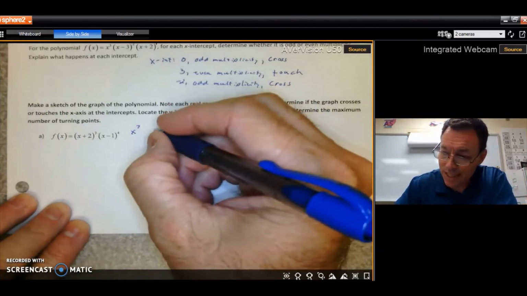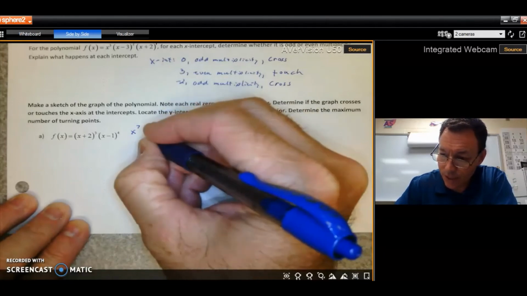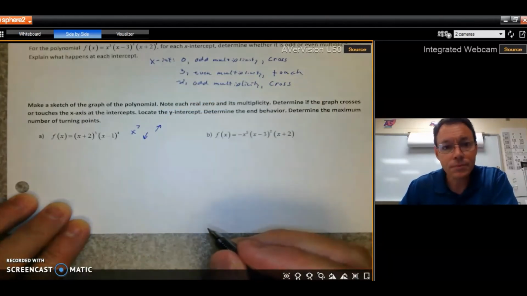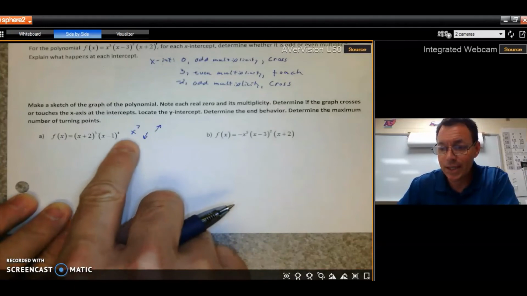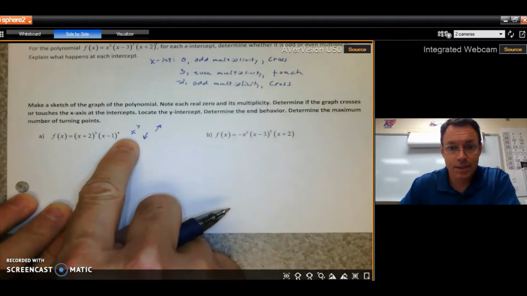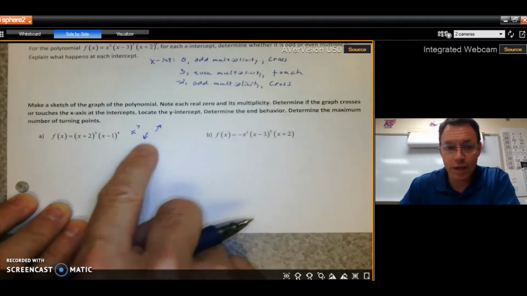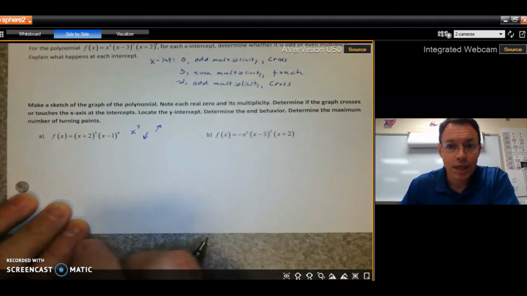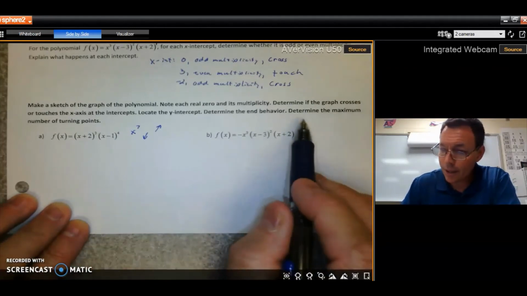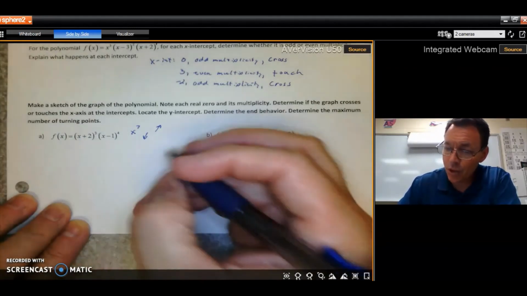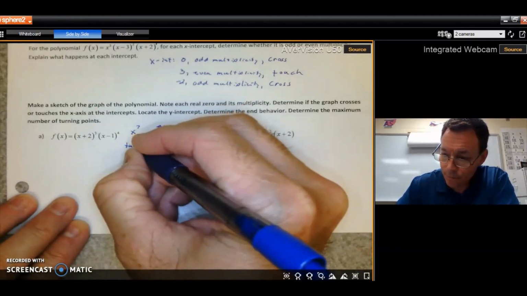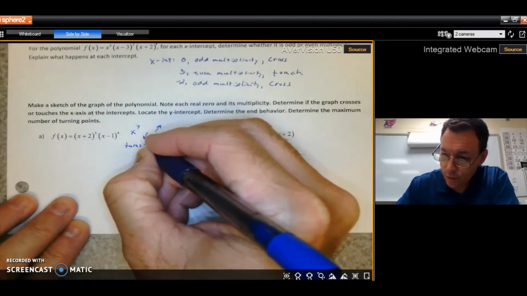That tells me that the ends of this graph are going to go that way and that way. Okay, odd power, it's a positive x to an odd power, so that's the way the ends of my graph are going to go. I also know that the maximum number of turning points would be 6.